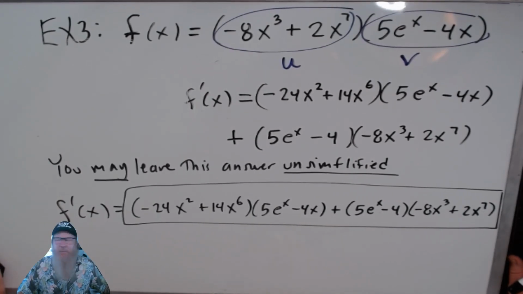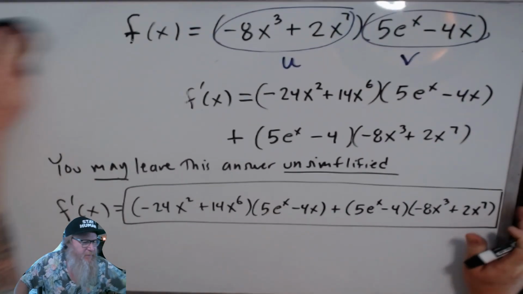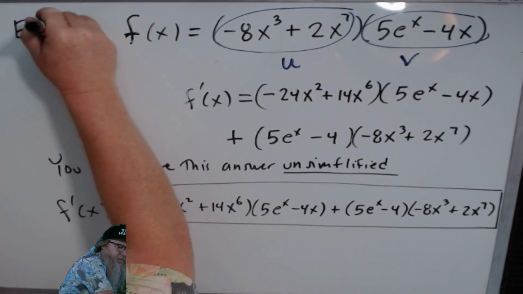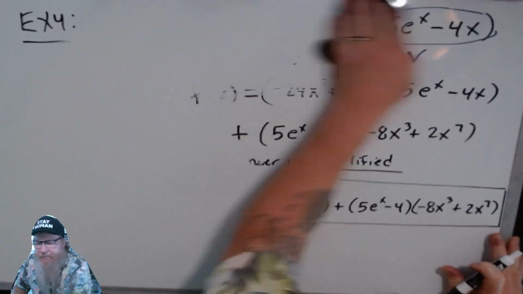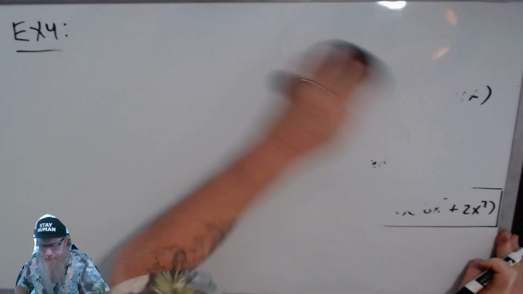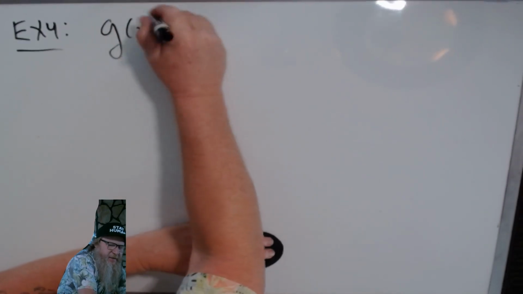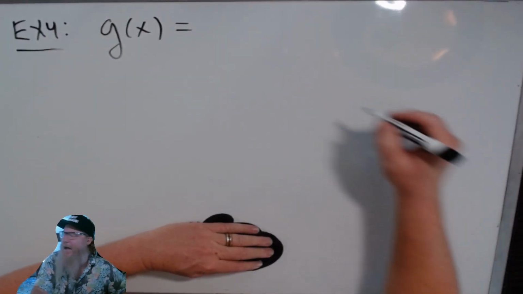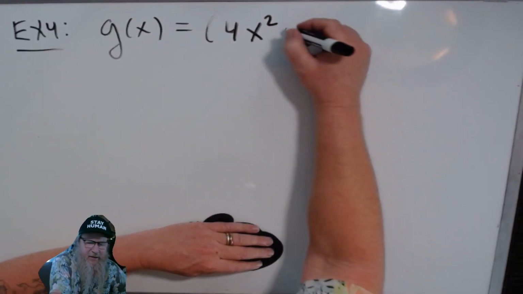All right. A couple more product rules. Example 4. g of x. Here's another one of those where the letter in the function is a letter you're already using.